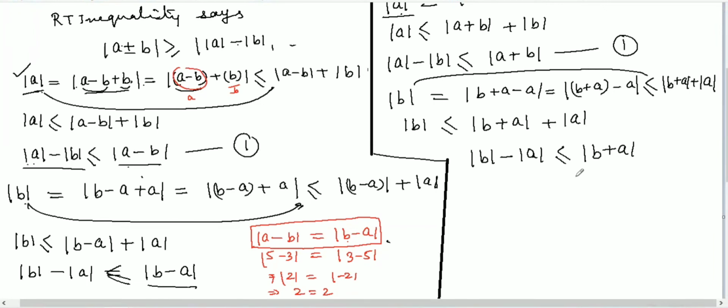So see, here A plus B or B plus A, both are the same. So write down the absolute value of B minus the absolute value of A less than or equal to the absolute value of A plus B. As here you can write it down as the absolute value of A plus B equal to the absolute value of B plus A. Okay, this is done.